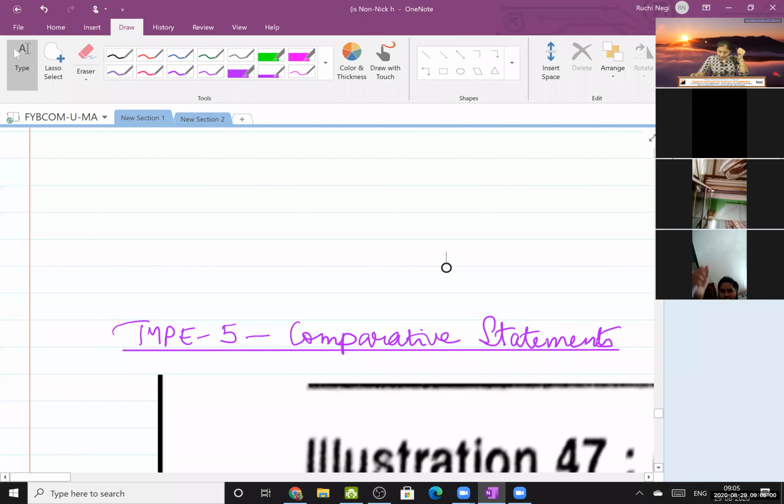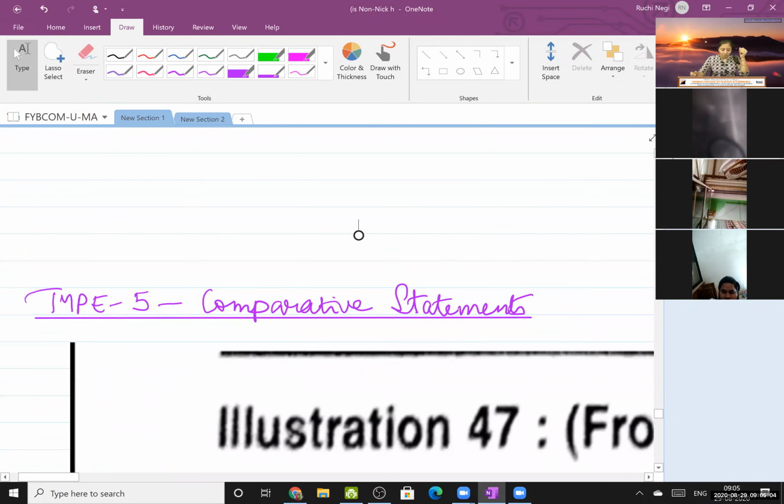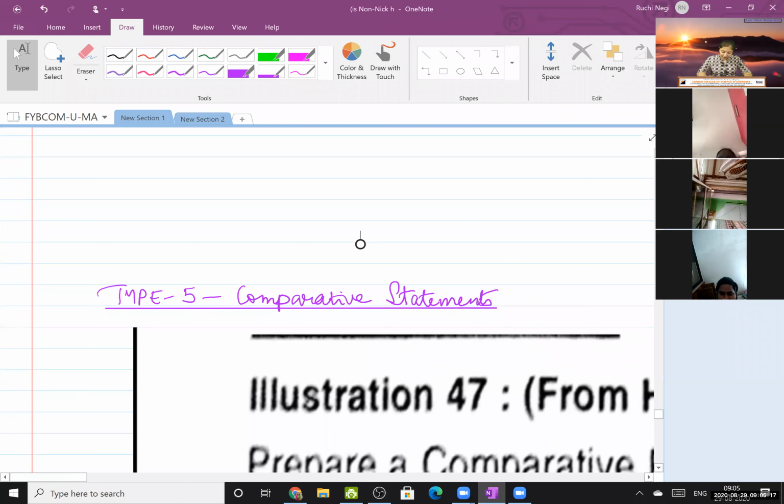Type 5 talks about comparative statements. Okay. Now, what are these comparative statements?